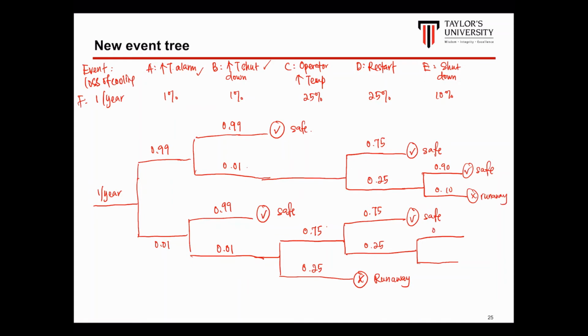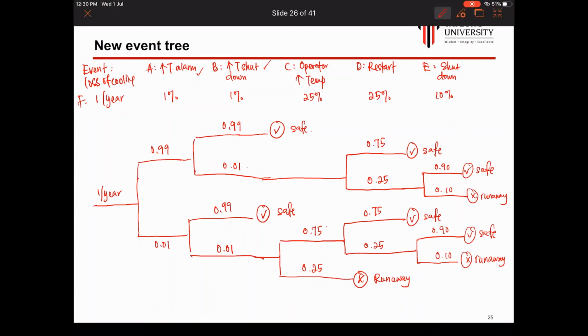Here 0.90 is safe, and 0.10 is a runaway system. So if we look at the system now, we have a runaway system here, here, and here.